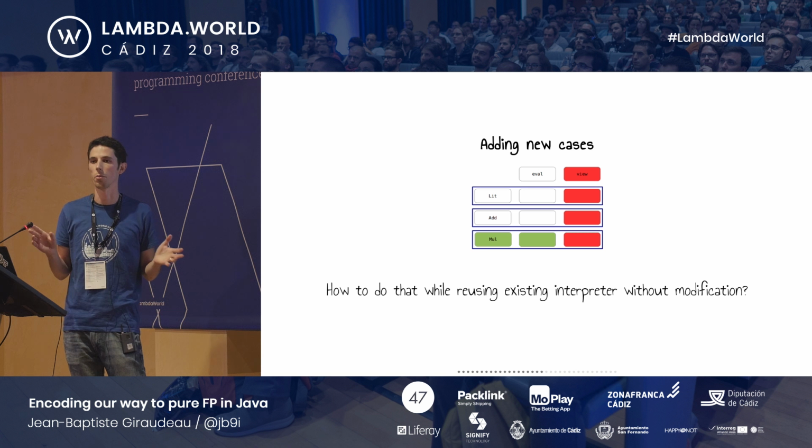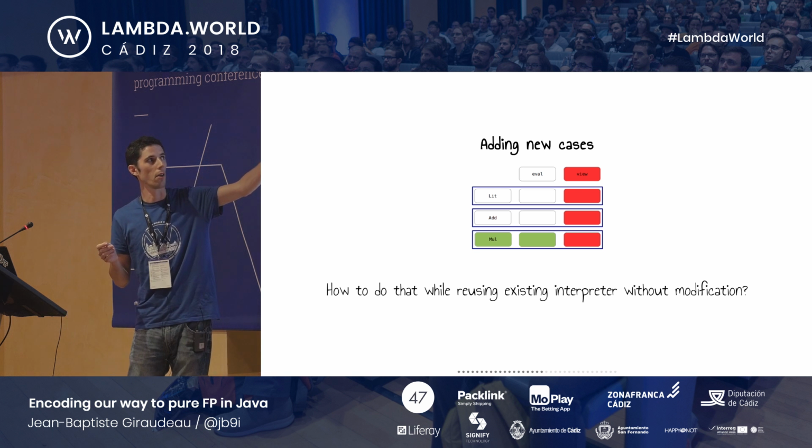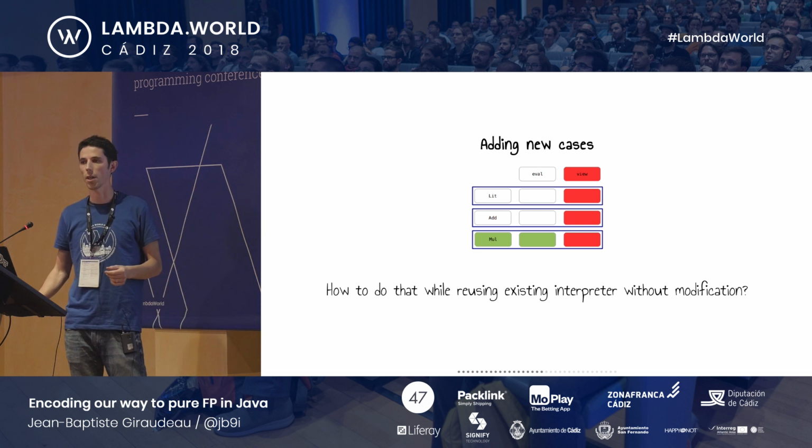Because they have been compiled already, they are in an external library, you cannot touch it, but you still want to reuse, let's say, the Eval interpreter. You just want to handle the new case. So how to do that?